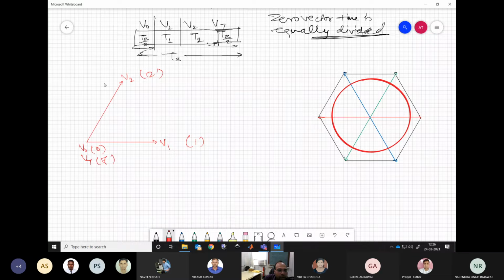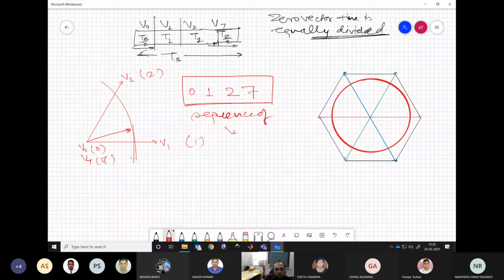Any vector, let's say it was on this circle, we have realized by applying 0, 1, 2, 7. This is the sequence of vectors applied for this particular sample over the designated time Tz by 2, T1, T2 and Tz by 2.